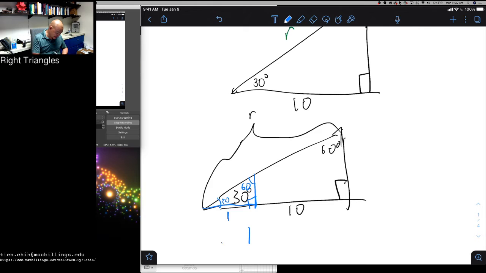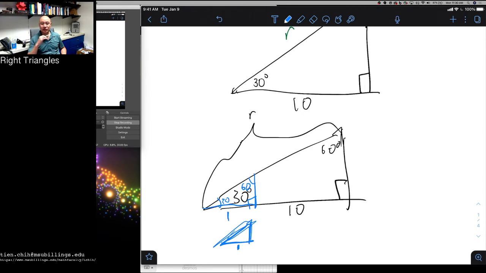So this 30-60 degree triangle here with base 1 is a similar triangle to the one that we have drawn here, right? And so this thing has 1/10 the height and it has 1/10 the hypotenuse.